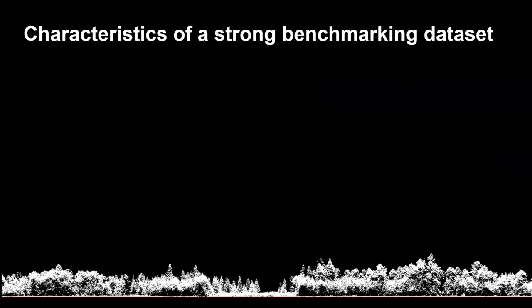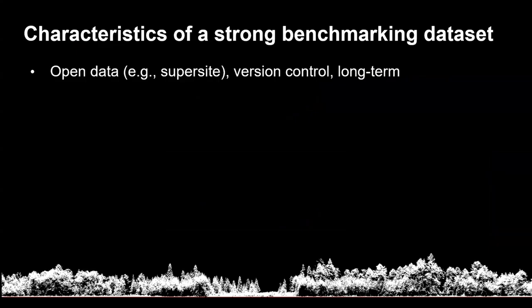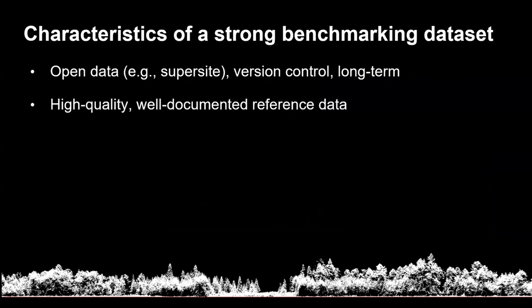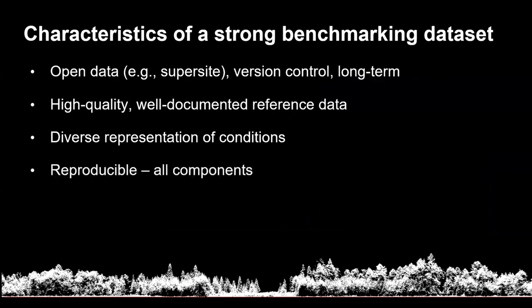So then just quickly, what are the characteristics of a strong benchmarking data set? Well, obviously the data has to be open, there needs to be version control, and it needs to be something that's a commitment for the long term. As I mentioned also, the data has to be high quality, well documented. It should represent a diverse set of conditions. So often large-scale benchmarking data sets will involve data from multiple sites across different forest environments.